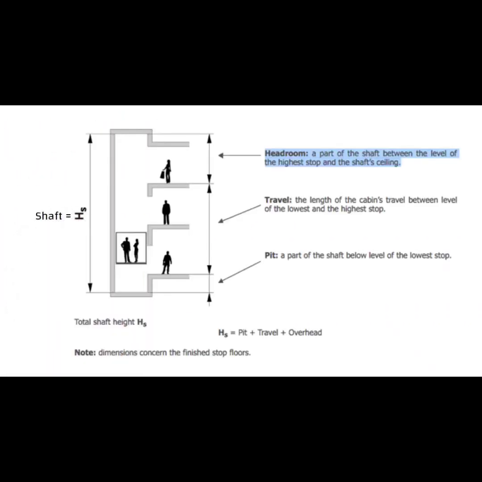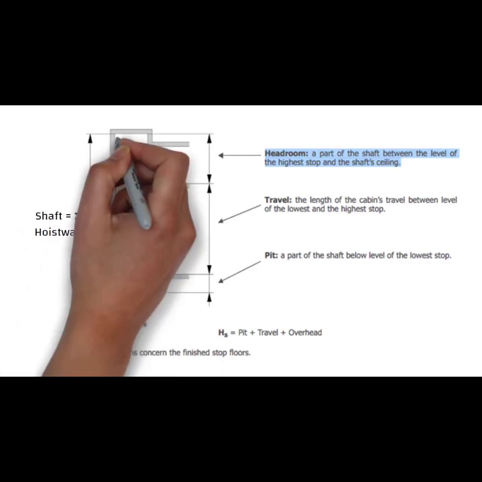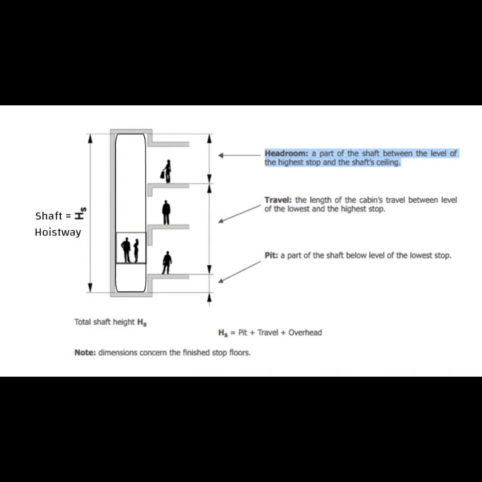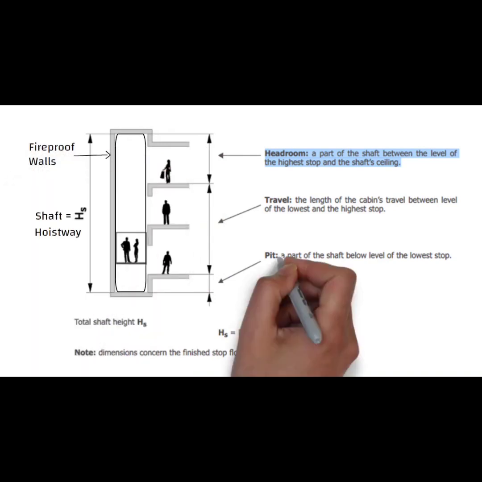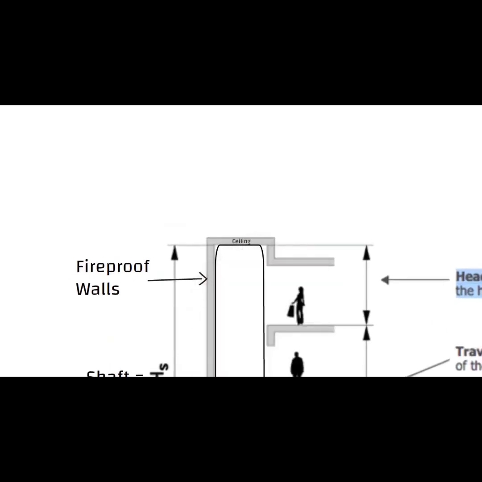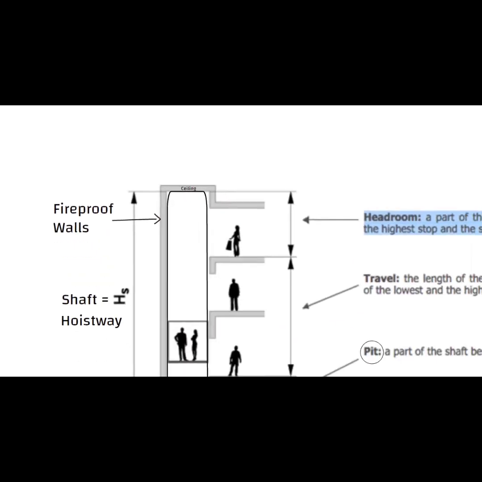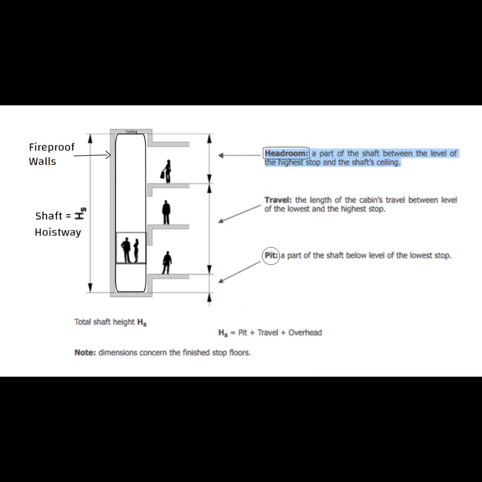Shaft. It is also known as hoistway. It is the space in which one or more elevator cars move. This space is enclosed by fireproof walls, pit, and ceiling for the travel of one or more elevators. Headroom. It is also known as overhead. It is a part of shaft between the level of the highest stop and the shaft's ceiling.